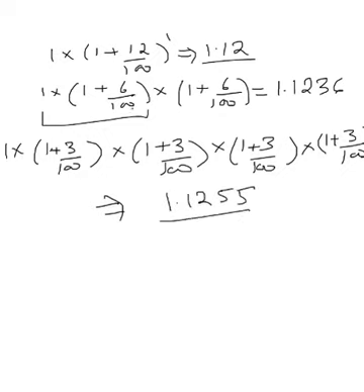As you can see, as the compounding periods increase, from semi-annual earlier to quarterly now, the effect of compounding is much more visible, and the money we make is bigger than if there is no effect of compounding.